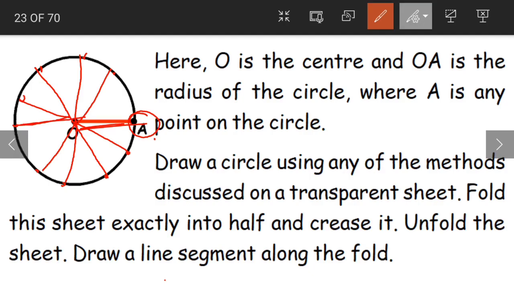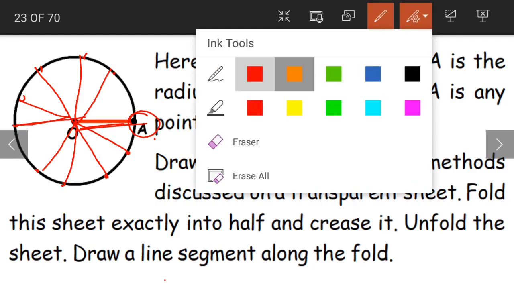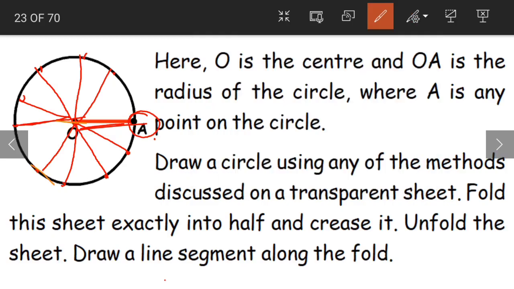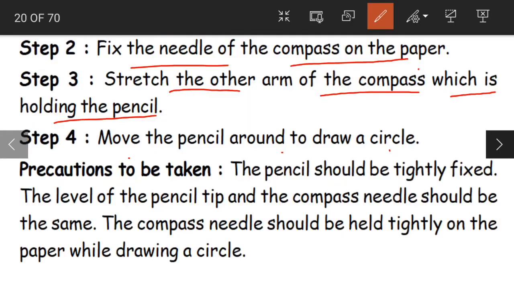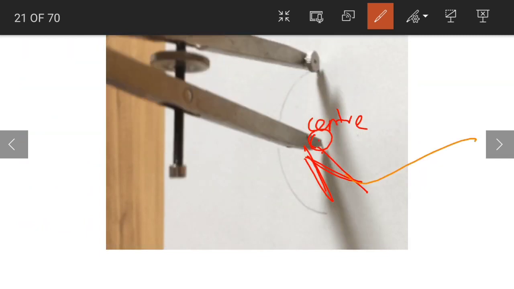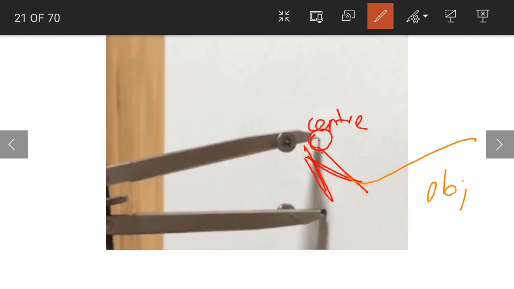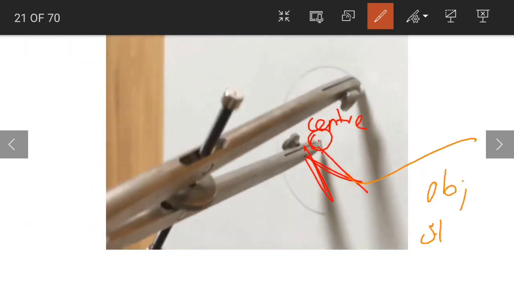Yes, and with the help of a scale you can measure the length of these line segments. When you measure them, you will find that all these line segments are of the same length. When you draw a perfect circle using any of the three methods discussed, what are they? Using a compass, or using an object, or else using a string and a pencil.